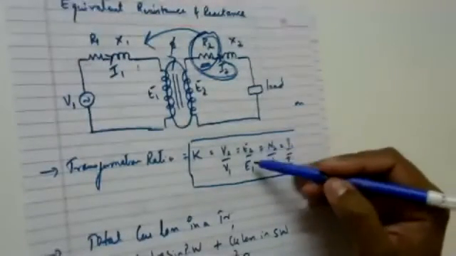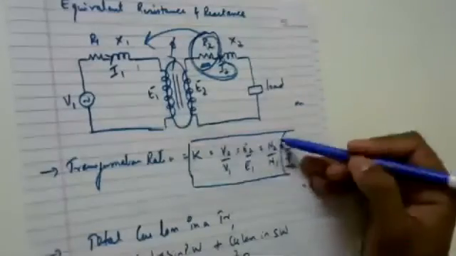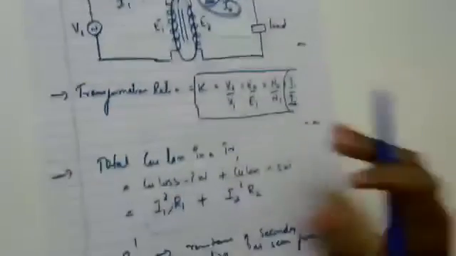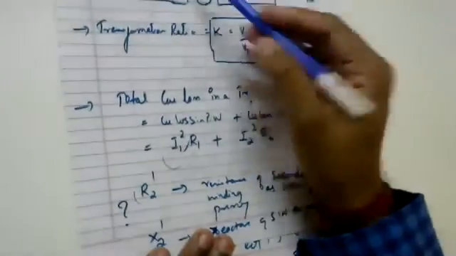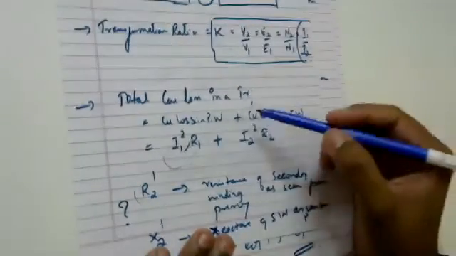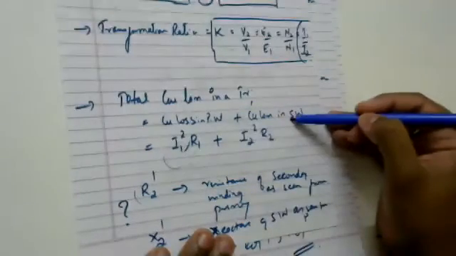Using this transformation ratio, you were using this current relation, K is equal to I1 by I2, right? Then you were able to write an equation for the total copper loss in a transformer. Total copper loss in a transformer is equal to the sum of copper loss in the primary winding plus the secondary winding.